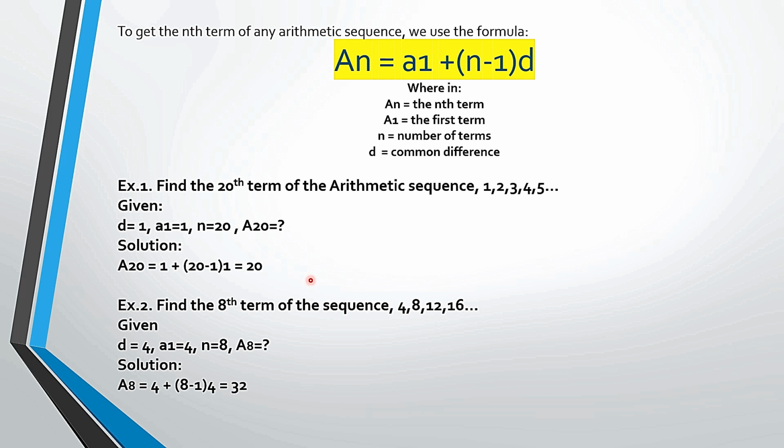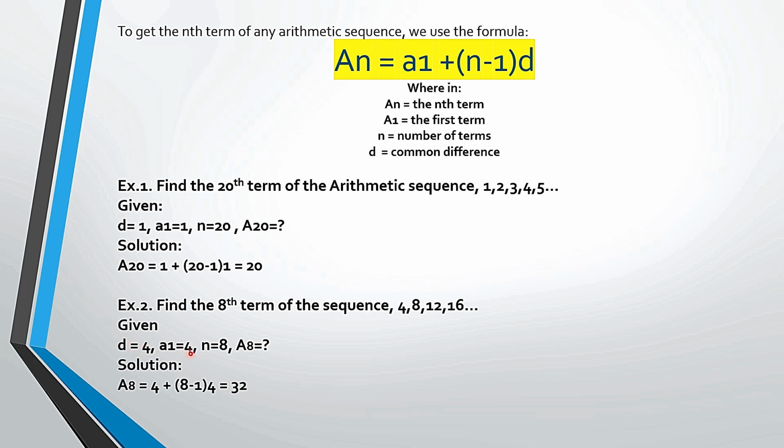We have another example. Find the 8th term of the sequence 4, 8, 12, 16, and so on. We are given the common difference of 4, because 8 minus 4 is 4 and 12 minus 8 is 4, and it is not changing all throughout the series. So d, or the common difference, is 4.